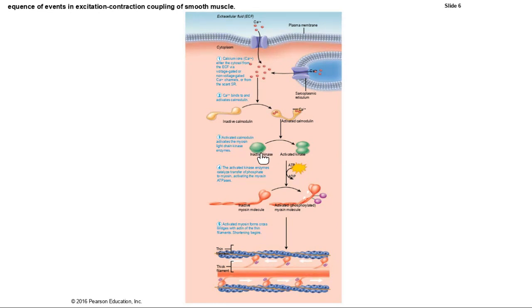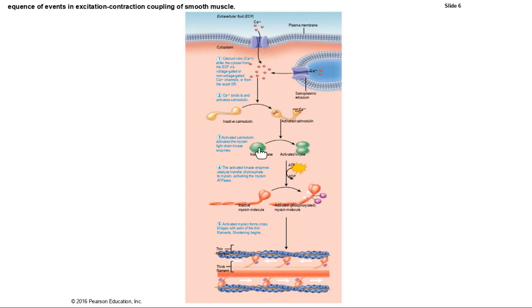You remember what a kinase is? A kinase is an enzyme that is going to add a phosphate to something. Okay? So now this activated kinase is going to add a phosphate to the myosin head.